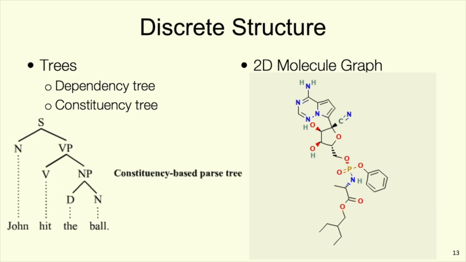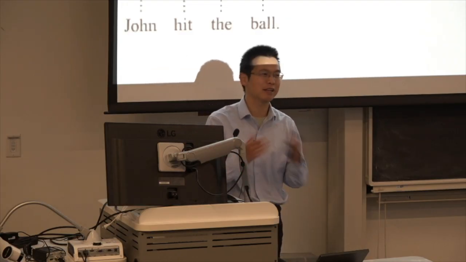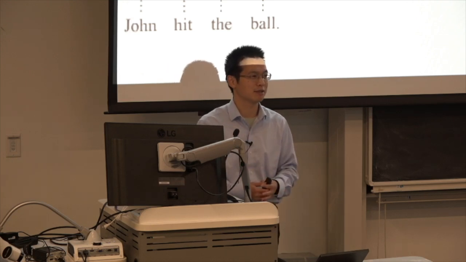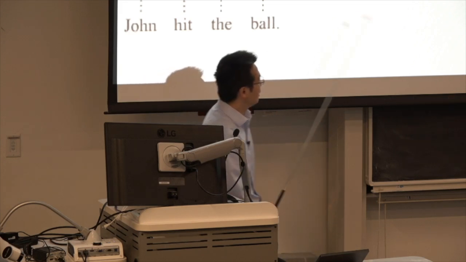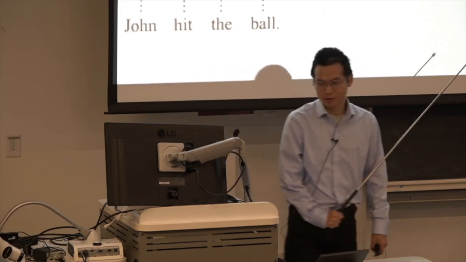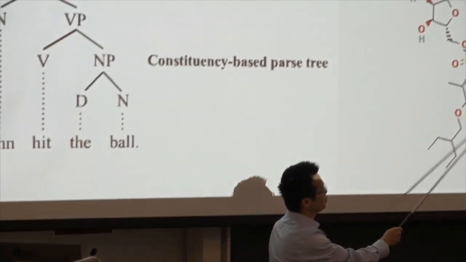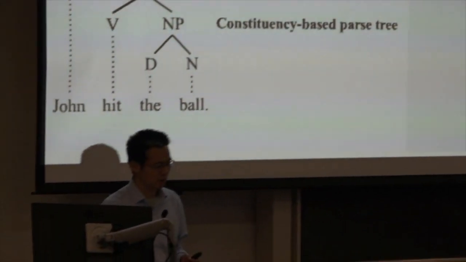It's not as popular now after the transformer, but before the transformer, when we had LSTM, there was a tree LSTM to encode the sentence and also generate the sentence together with the tree. For molecules, it's not a tree, it's actually a graph. So we have a two-dimensional molecule graph. It's a discrete graph.